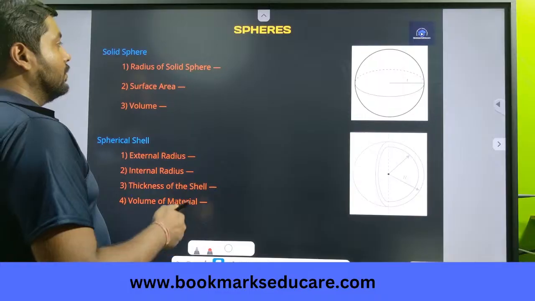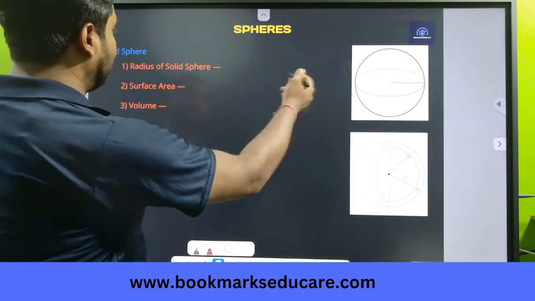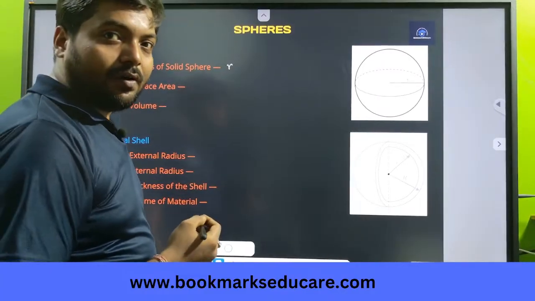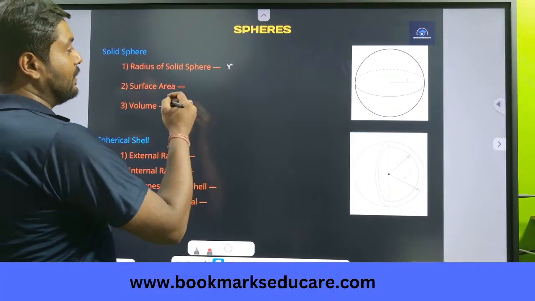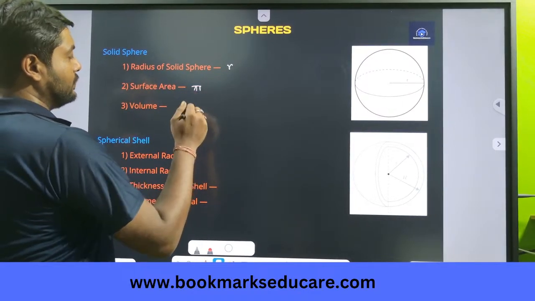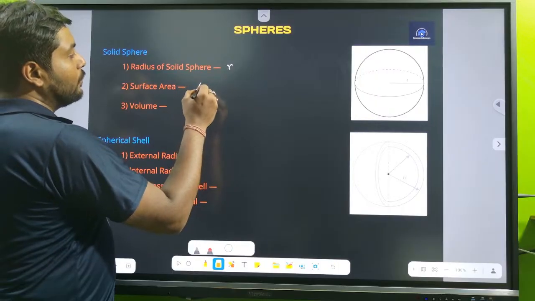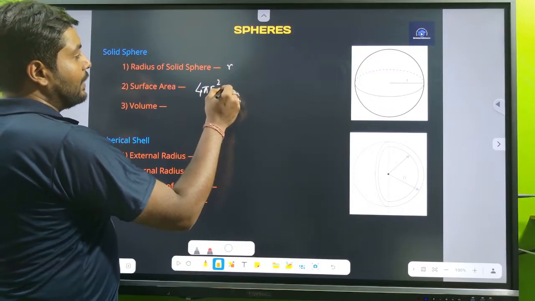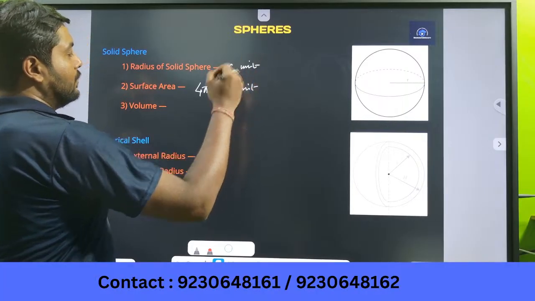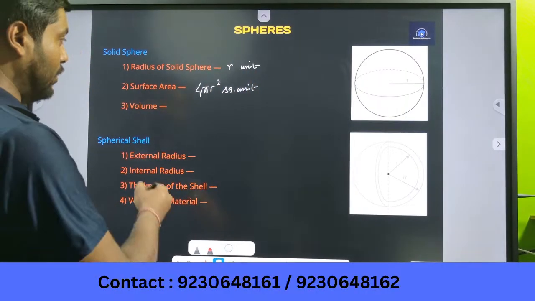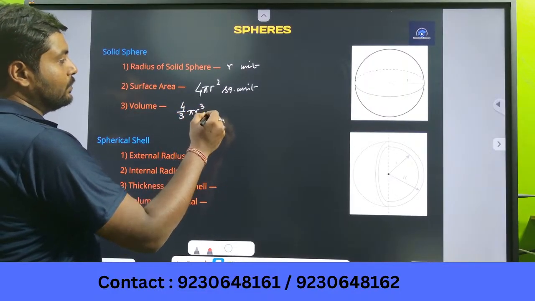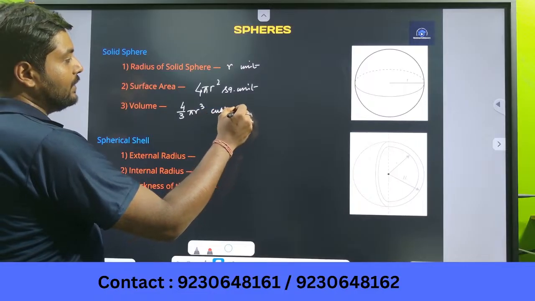So the radius of the solid sphere is r unit. Then the surface area of the sphere will be 4 pi r square unit, and the volume of the sphere is 4/3 pi r cube cubic unit.